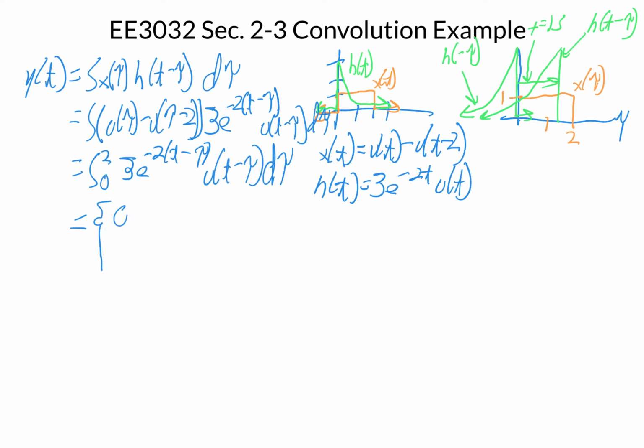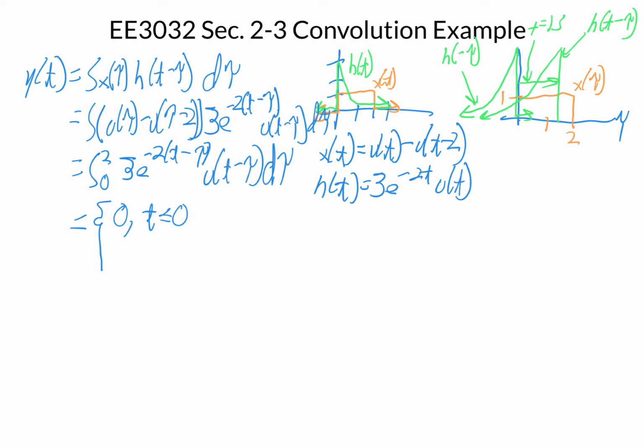The first region is when t, the shift parameter, is less than or equal to 0. Then the green function is off to the left. It does not overlap the orange function, and at least one of the functions is 0 anywhere along that tau axis. So I multiply them out, and I just integrate over 0, and I get 0.